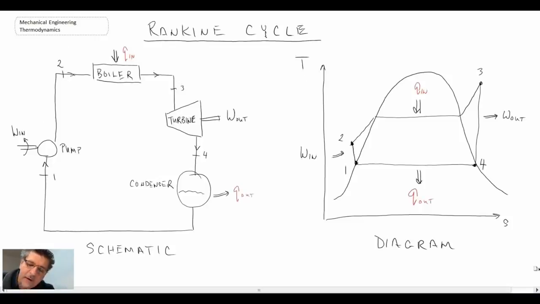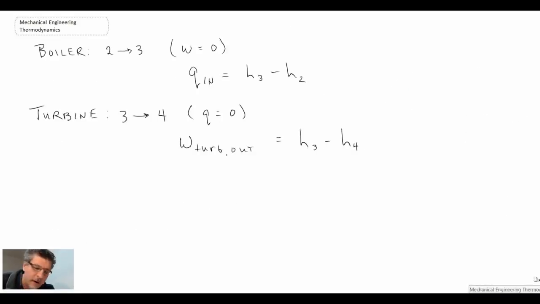Looking back at our TS diagram, it will be h3 minus h4. That difference is how we can determine the work in the turbine. That will be pretty easy because we can get those enthalpy values out of the superheated steam tables, assuming we end right on the saturated liquid line. If we go into the two-phase region, then you have to look at the two-phase characteristics there to get the enthalpy at state 4.